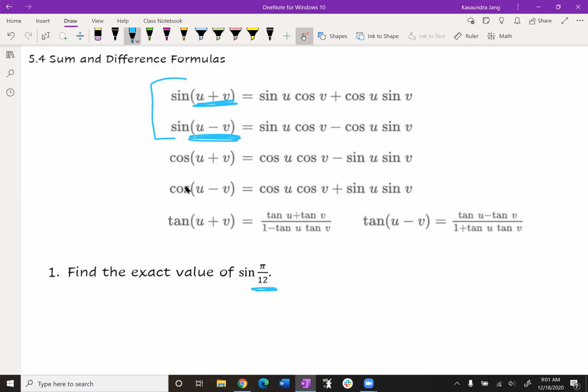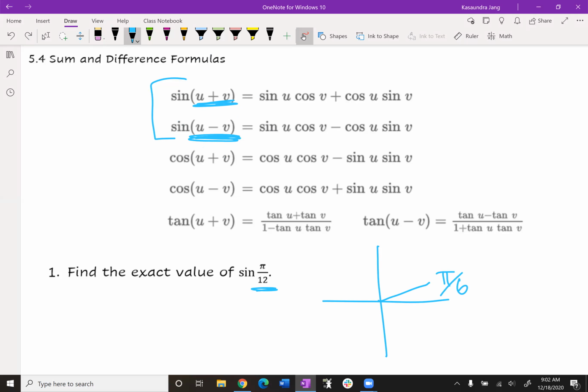So here's my thought process. On my unit circle, I think the smallest angle that I've actually memorized was pi 6. And pi 12ths, a 12th is less than a 6th. So whether I add or subtract, I'm probably going to have to subtract to get down to pi 12ths, because I don't really know anything smaller than pi 12ths that I could add up.